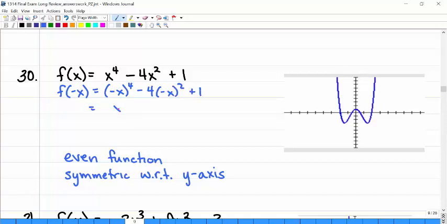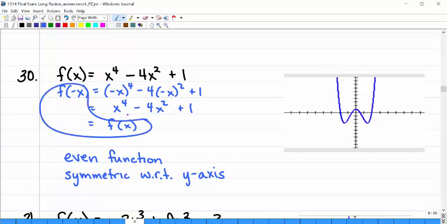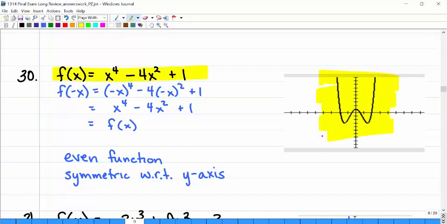I get x to the 4th minus 4x squared plus 1, which is f of x. Since f of -x was equal to f of x, I have an even function, so I know that I have symmetry with respect to the y-axis. If I graph this function on my calculator, I can see that I have symmetry with respect to the y-axis over here.